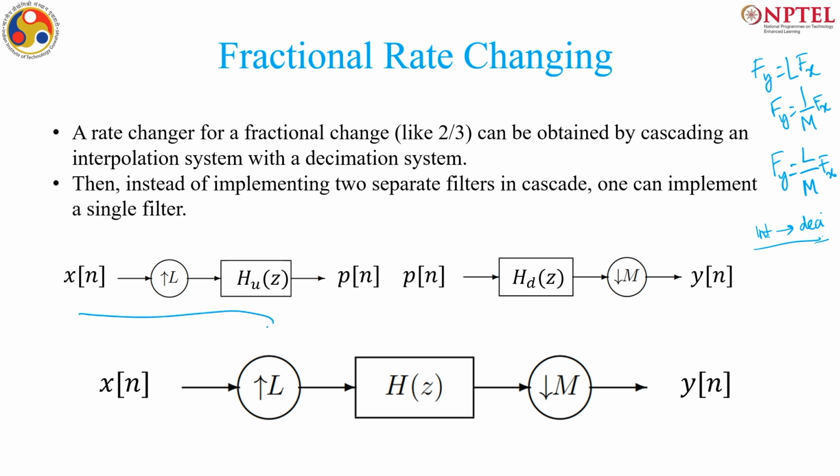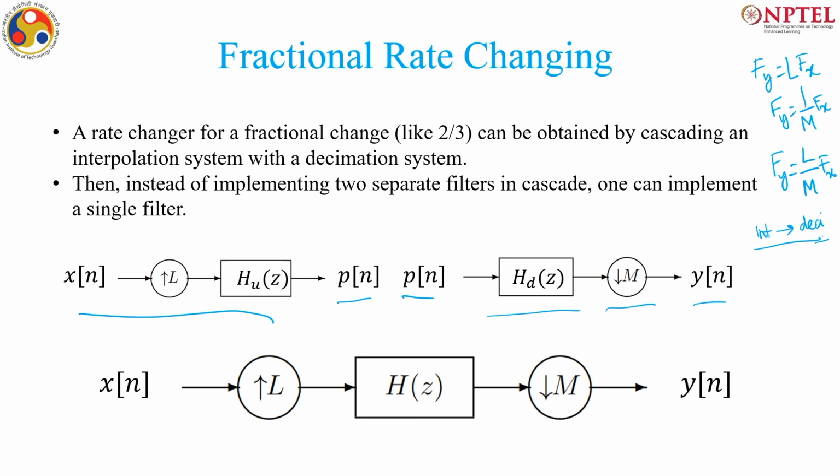This is an interpolator where we have an upsampler and then this low pass filter, which gives me an intermediate signal p of n, and if I send p of n to another low pass filter and then the downsampler, which is basically the decimation system, I can get the output.